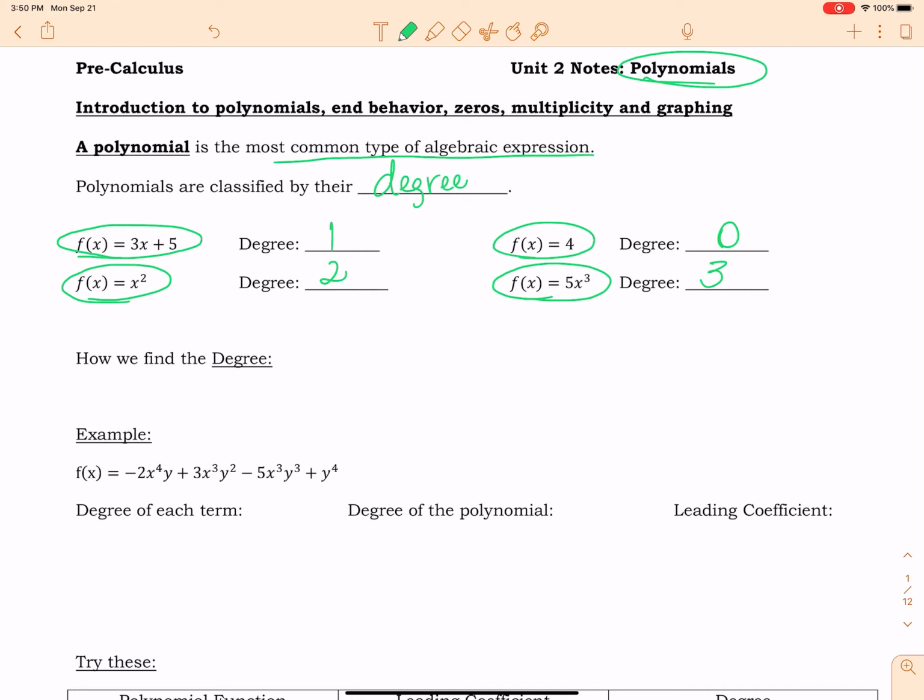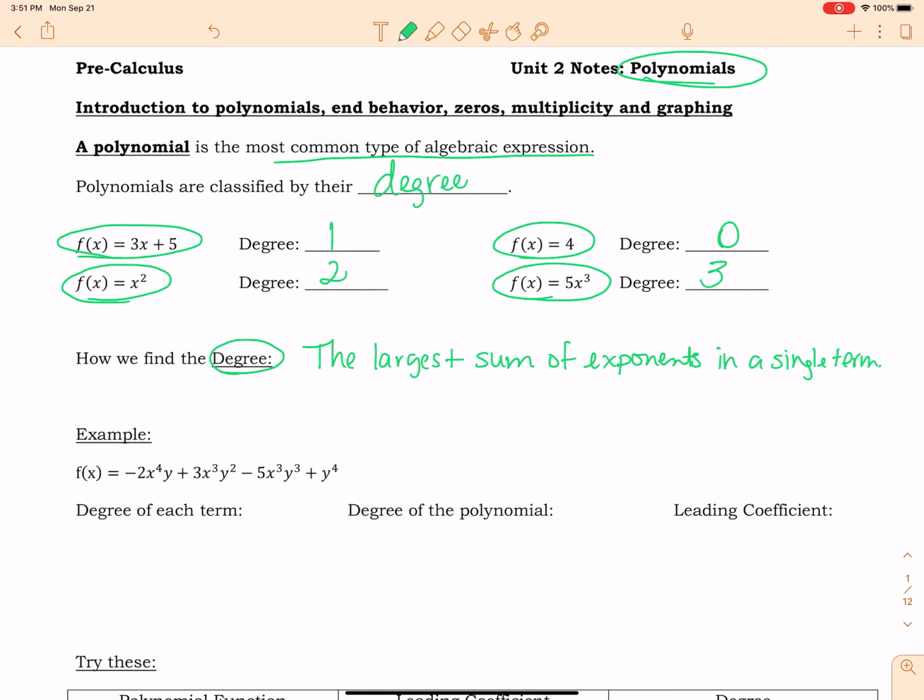But in this next example, we need to look at the largest sum of the exponents in a single term. So I'm going to direct you as to how we find the degree when it's not quite as simple as it was above. Okay, so here's the deal. The largest sum of exponents in a single term.